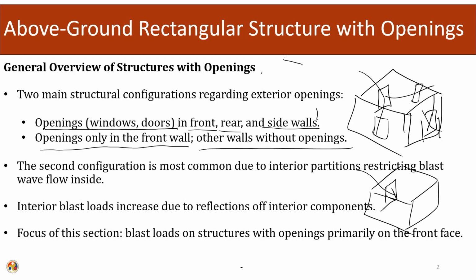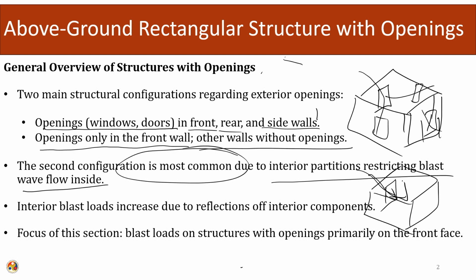The second configuration is the most common due to the interior partitions restricting blast wave flow inside. So, the most common is the second type of configuration where we have opening only in the frontal zone. So, interior blast load increases due to the reflection of interior components. As we have seen, due to the reflections, the intensity of the blast loading will be augmented.